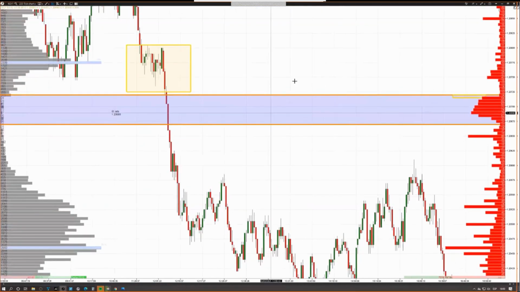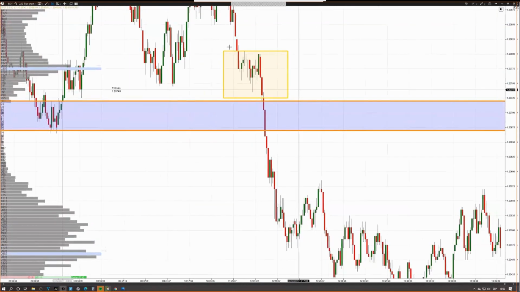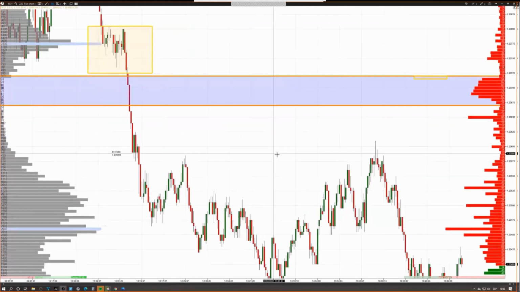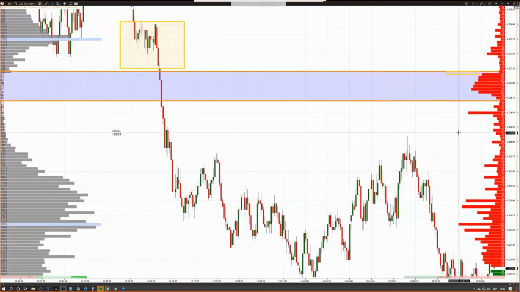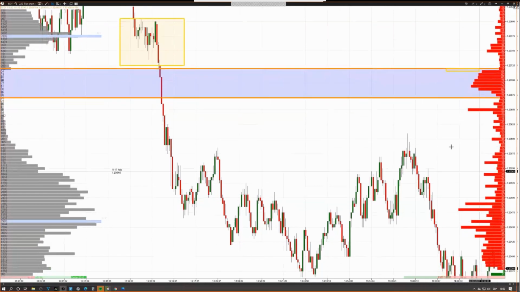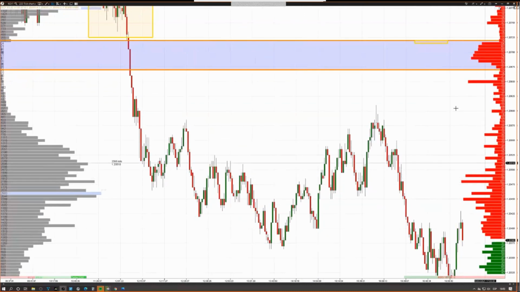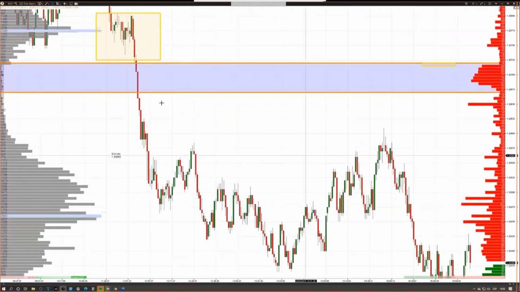Okay, once I have put my orders, my entry, I need to find out where I am going to get out, all right? And I will look for, just like that, not a high volume area to get out, because I know that price will move faster here because there's no resistance at all.